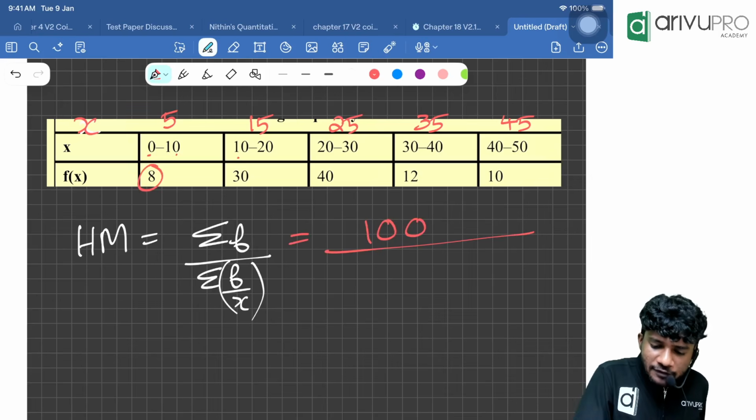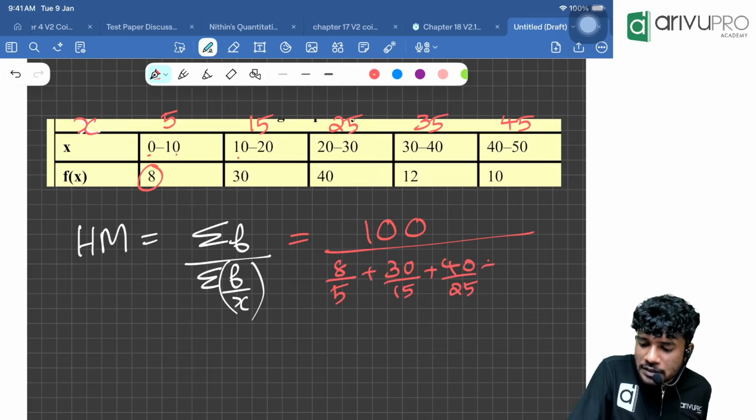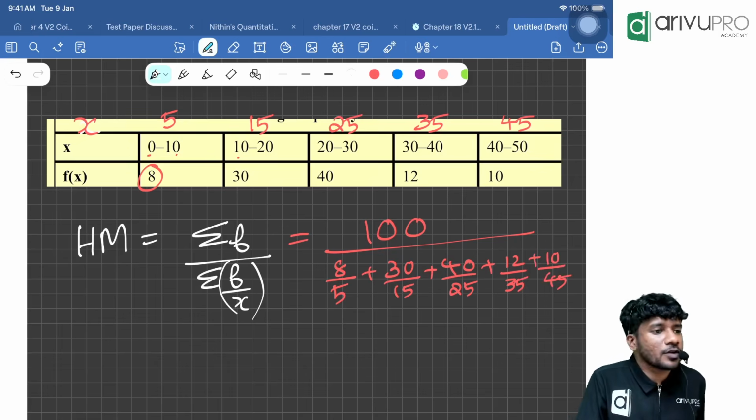Then F divided by X, that will be 8 by 5 plus 30 divided by 15 plus 40 divided by 25 plus 12 divided by 35 plus 10 divided by 45. Use your memory calculation. Get me your answer.